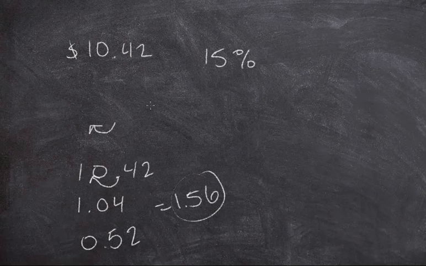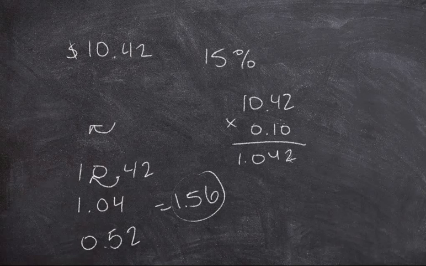The reason why this works is that by moving the decimal left one spot, you're taking 10.42 and multiplying it by 0.10, or 10%. That gives you 1.042, and we ignore the last digit because we don't need it in American dollars. That gives you the 10%. But you want 15%, so you're missing 5%.